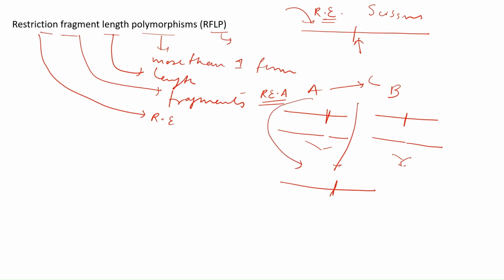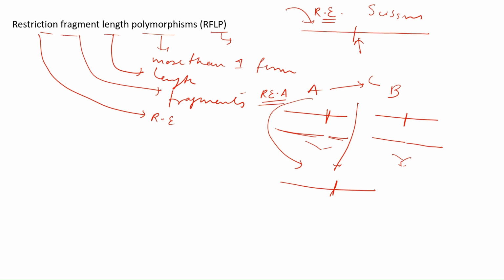So in our parental DNA, wherever the site for these restriction enzymes is present, these sites will also get inherited, because the whole genes are getting inherited. This is called restriction fragment length polymorphism because we are getting more than one form of the length of these fragments generated by restriction enzymes.